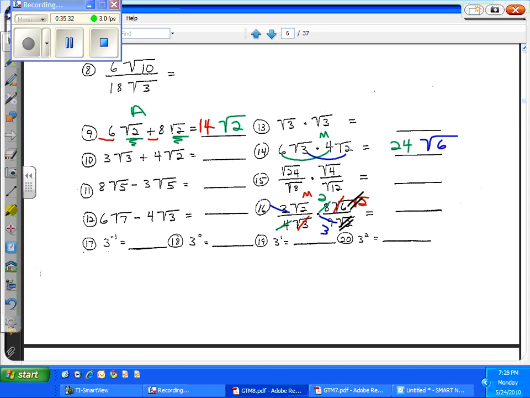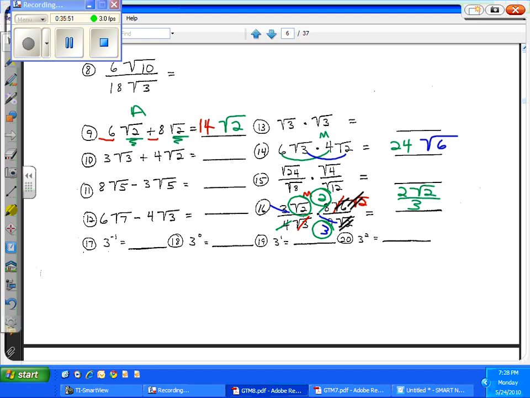We multiply what's left. What's left is a 2 and square root 2 on top and a 3 on bottom. So we're left with a 2 square root 2 on top and a 3 on bottom. 2 square root 2 over 3.